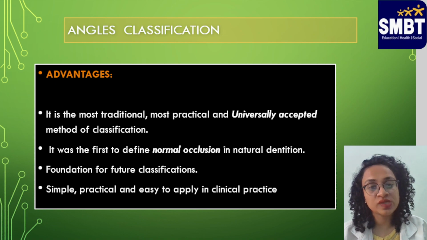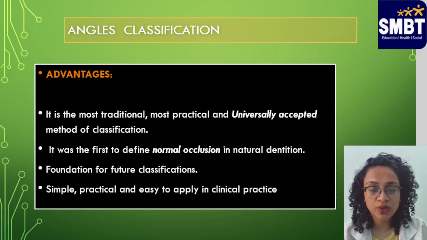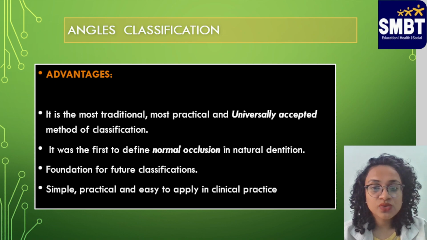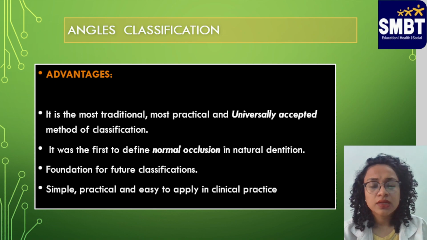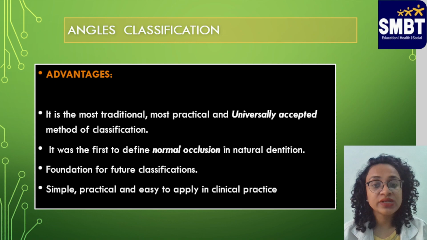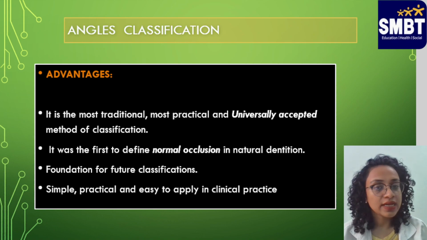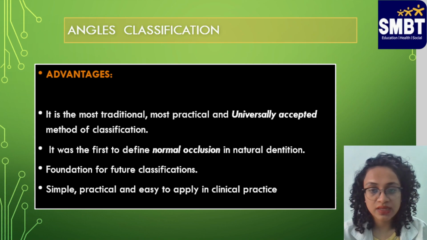We still use it in our day-to-day practice for explaining the molar relationship or as a communication tool between fellow colleagues. It was the first to define normal occlusion in natural dentition. It was the foundation for future classifications. It is simple, practical and easy to apply in clinical practice. So even when you are practicing and the patient is in your OPD chair, you don't have to think. When you know the molar relationships, you can classify it easily as Angle's class 1, class 2 or class 3 malocclusion.